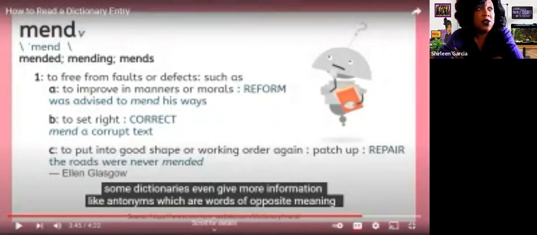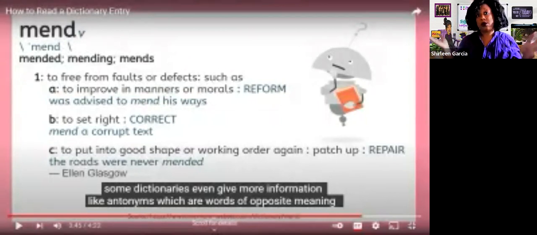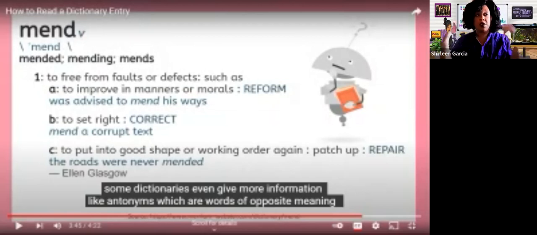This entry doesn't tell you the opposite, but some entries in some dictionary versions give you the synonym, which is the same, and the antonym, which is the opposite. And opposites are like hot, cold, skinny, fat, rich, poor, chocolate, vanilla. They mean 2 different things altogether, okay?